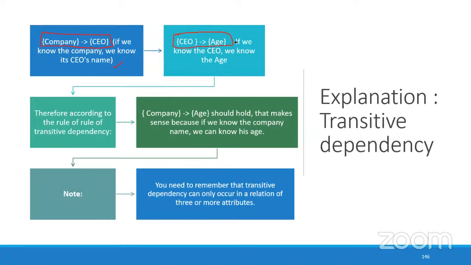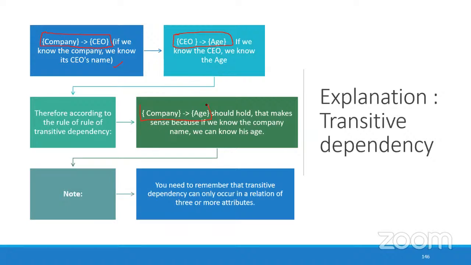If we know the CEO, we know his or her age also. Therefore, according to the rule of transitive dependency, it makes sense that the age is dependent on company. This relation is known as transitive dependency.